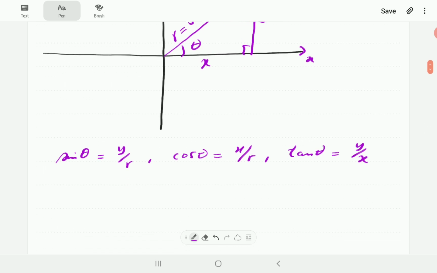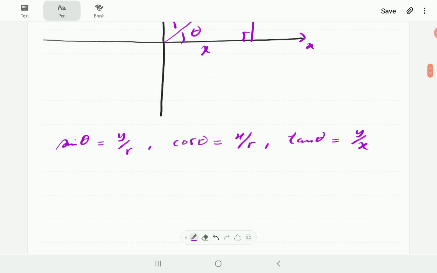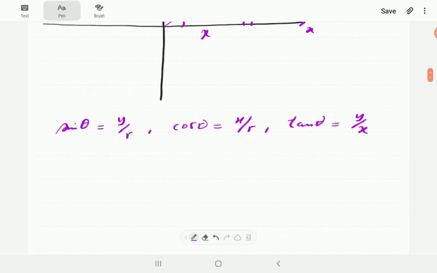Then we're going to define trigonometric ratios which are reciprocals of sine, cosine, and tangent. The first one is cosecant. Cosecant theta, which we abbreviate CSC, is 1 over sine theta, so that one is r over y.